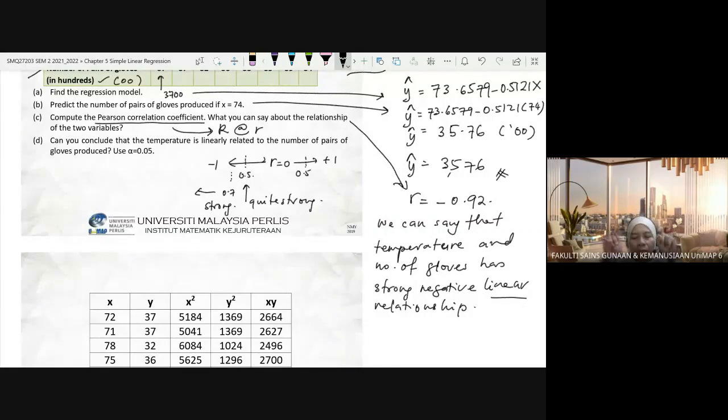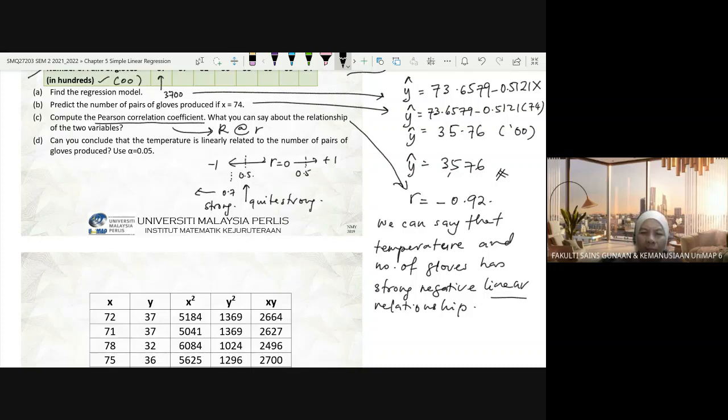So the terms that you use will be reflecting your answer. There is no cutoff point to determine the beginning value for a strong relationship. Sometimes 0.7 is also considered strong, depending on the problem you are doing or discussing.